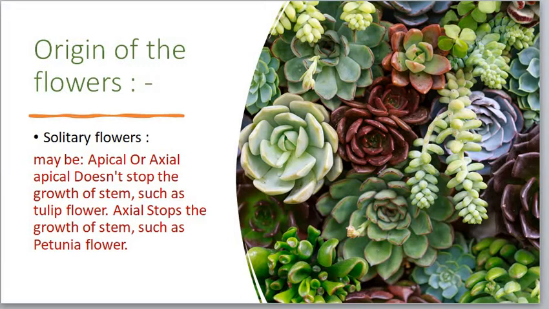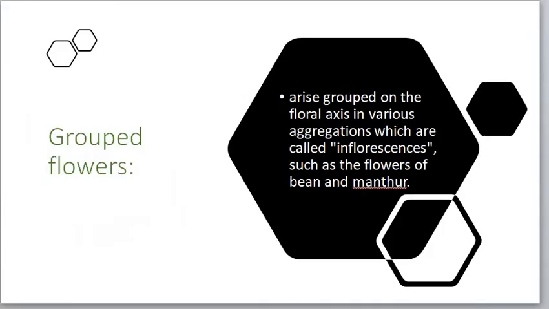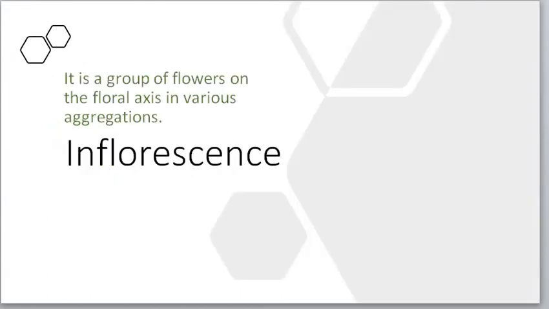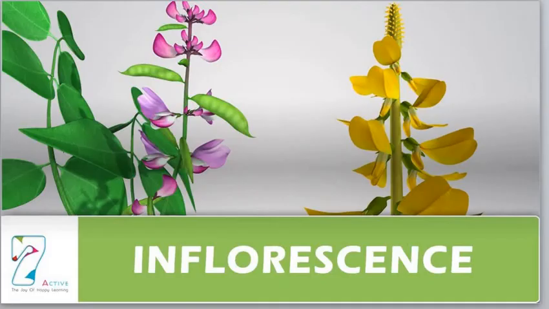If it's apical, the growth of the stem stops, but if it's axial, it does not stop. If we have a group of flowers, an aggregation of flowers on one axis, it's called an inflorescence. Like this one, it's called an inflorescence.